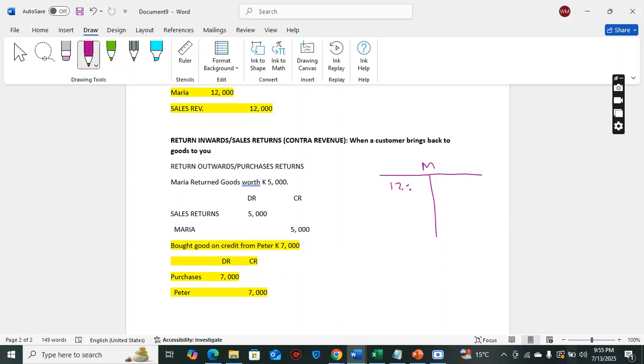Now she's returned goods with 5,000, so you put this 5,000 on the credit side here. So 12,000 minus 5,000 means how much is owing us is now 7,000. So we just record how much she brought back when we're doing sales returns.